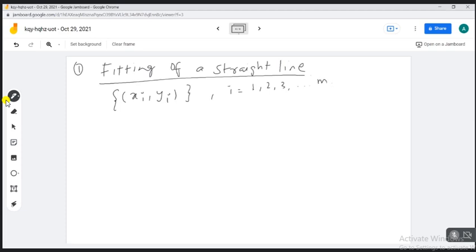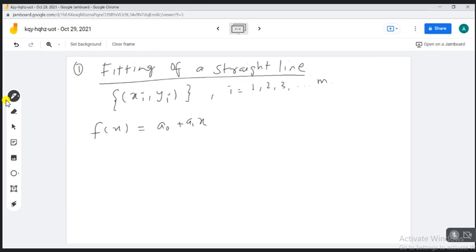Now the f we are given is a straight line. I mean, the curve which we have to fit is a straight line here, so it should be a0 plus a1x. So I want to fit this function f to the data set (xi, yi), where i runs from 1 to m.